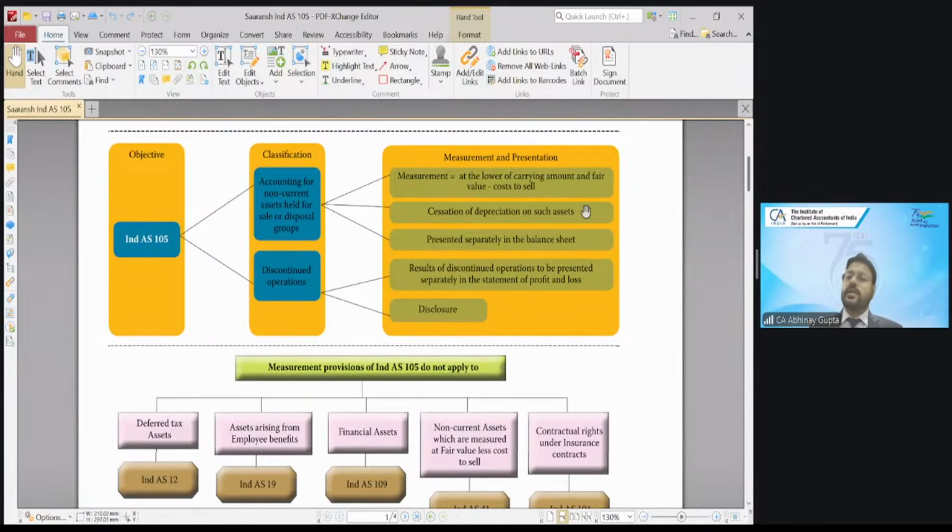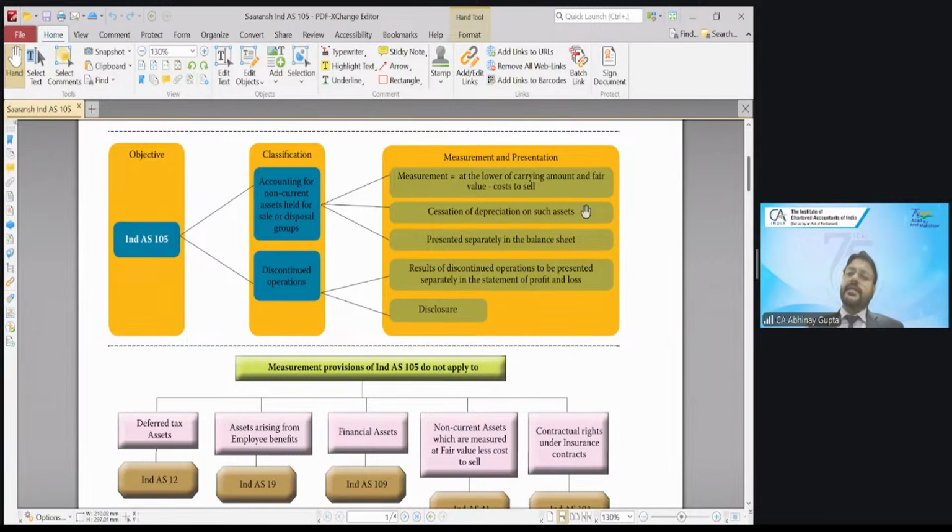So cessation of the depreciation once the classification is done. As and when any of the property, plant and equipment or intangible assets or investment property or any other assets part of this disposal group is classified as non-current assets held for sale, then the standard says we will not be charging the depreciation anymore on these assets, right? So until now we were charging the depreciation, but after such classification, there wouldn't be any depreciation expenditure on these items.